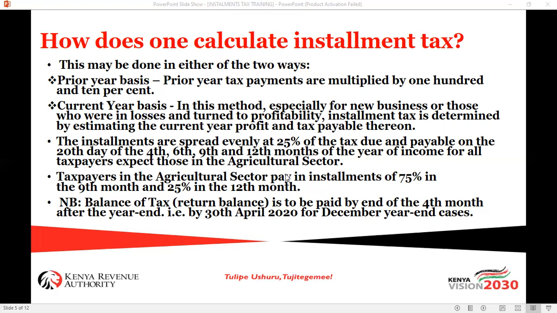It is in that category of those who file before 30th of April, almost like a sole trader, an SME, but doing huge businesses. Maybe that's why it came before June.